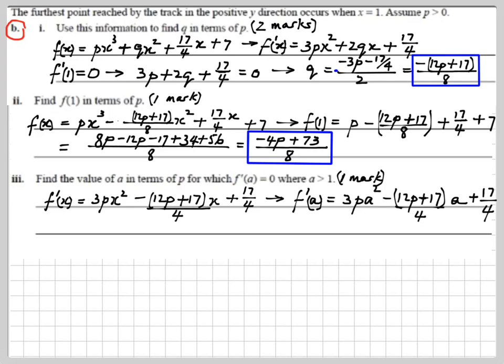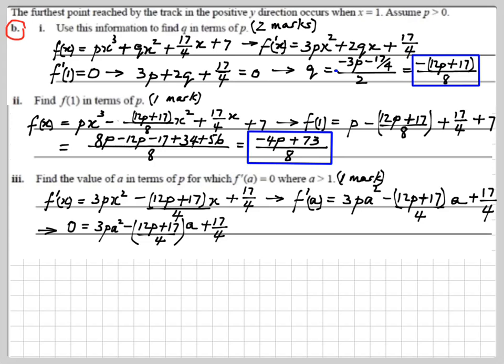Now, what have we got to do? We've got to get a in terms of p. Well, I must say it's looking pretty disgusting, don't you think? Apparently f dashed a equals 0. Well, let's do that. Makes it a little bit simpler. Not much, though. Now, look, this is a 1-mark question. Look at the disgusting looking expression I've got there. So how do we sort out a in terms of p?